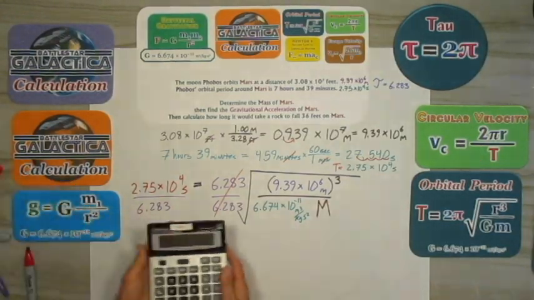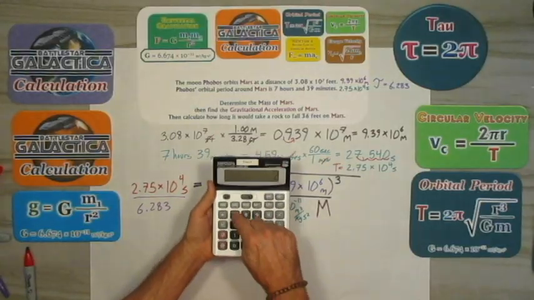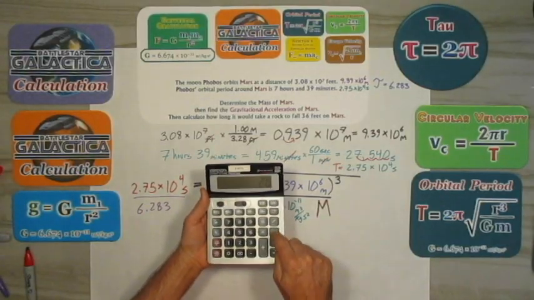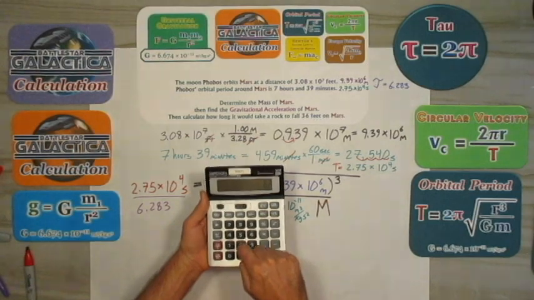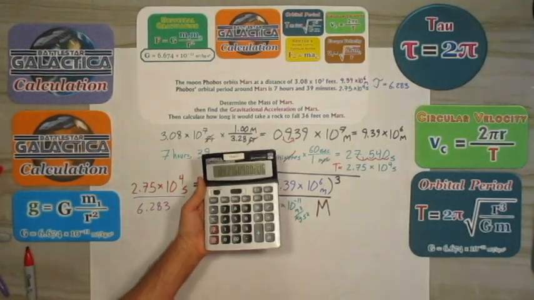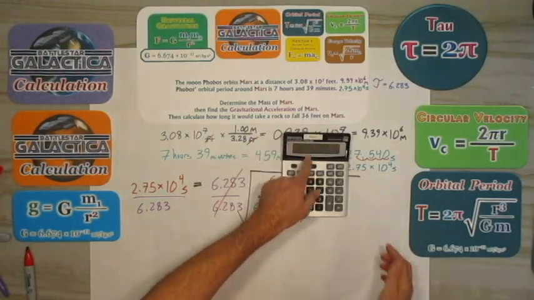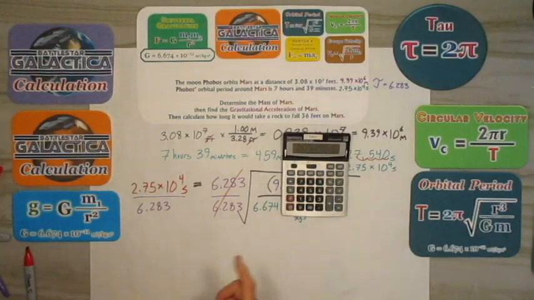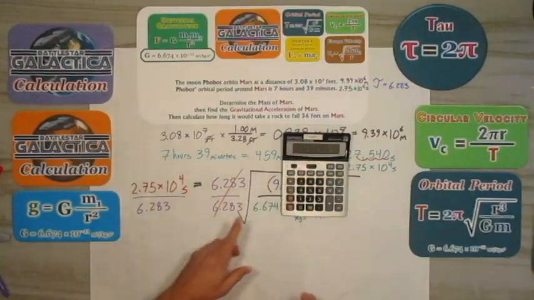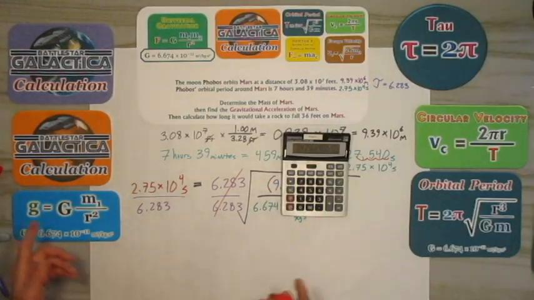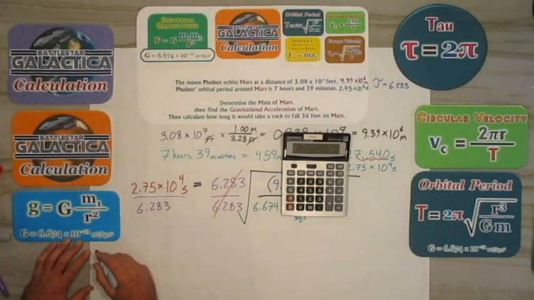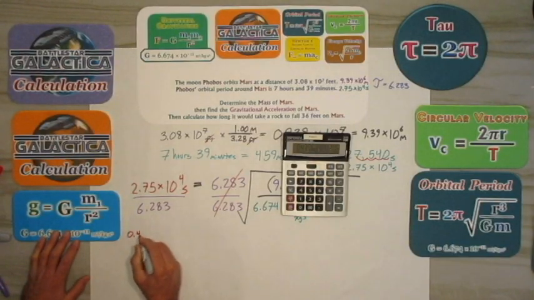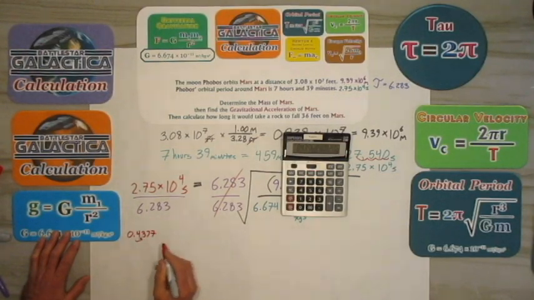So let's do that part first, 2.75 divided by 6.283 equals 0.4377 if I rounded it. The only problem is it's less than 1, so I'm going to need to move the decimal. Let me write this over here on the side before I write my next line. It's going to be 0.4377, but I'm going to have to move the decimal back 1.